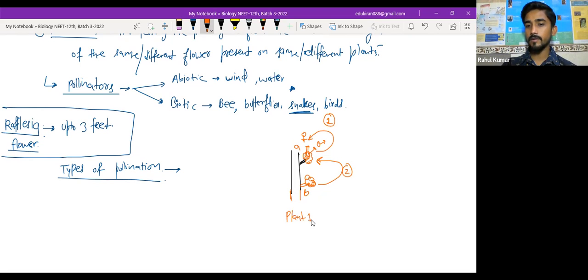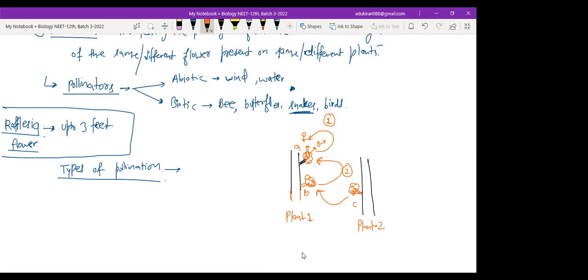This is plant 1. Now let me complicate it a bit before we discuss it. This is the third scenario where there is another plant on which there is a flower, which is flower C. And if this flower C fertilizes B, this is plant 2.